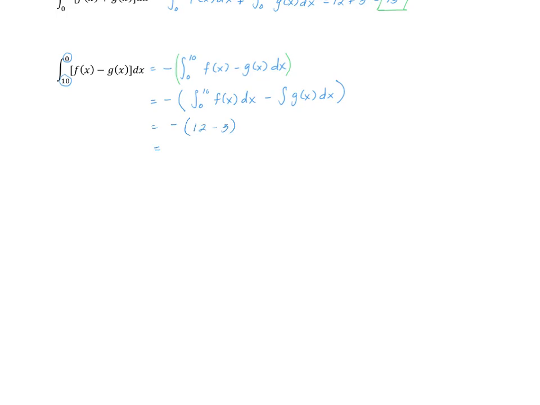Okay, that would be negative 9. And that's it. So we're done with 5.2.